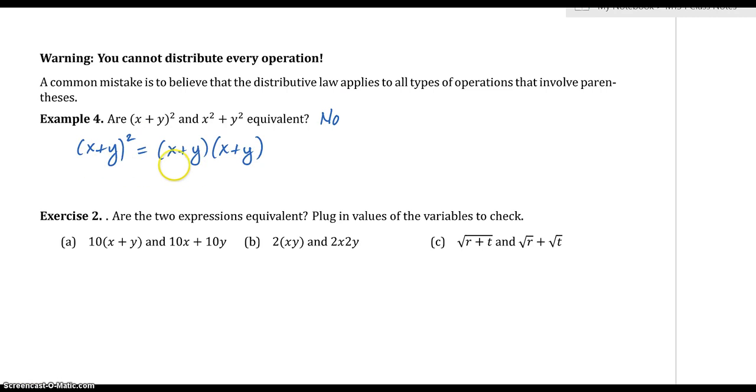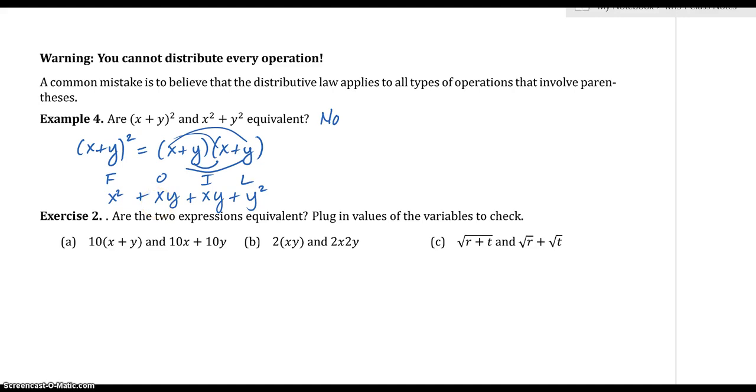If I take the left and write what x plus y squared means, and if I FOIL that out, first, outer, inner, last, we get x squared plus xy, that's not there, plus another xy or yx, y squared, which is not that.